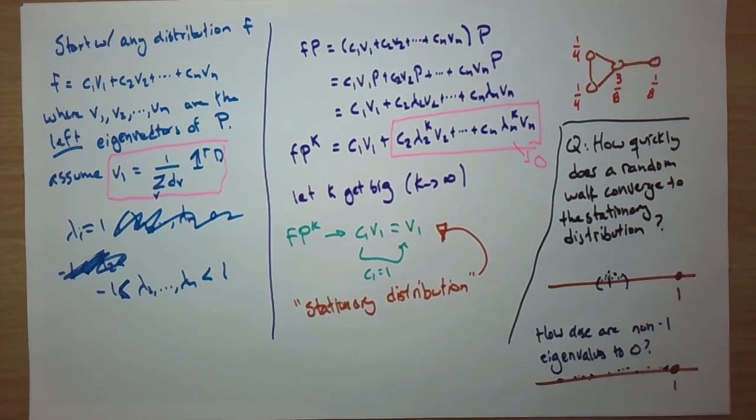Well, it's the same number of eigenvalues, but now it takes some time. 0.99 to the n, yeah, it goes to 0, but it takes time. How close are the non-1 eigenvalues? Yeah, that's probably a better way to say it.